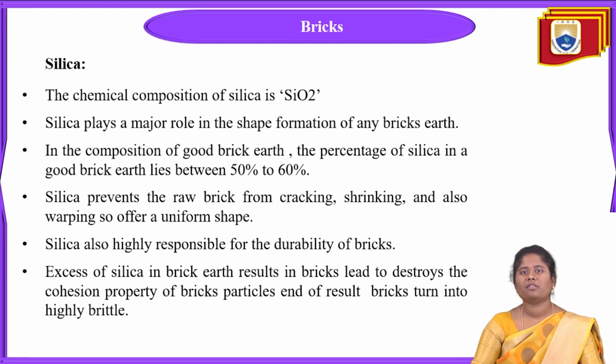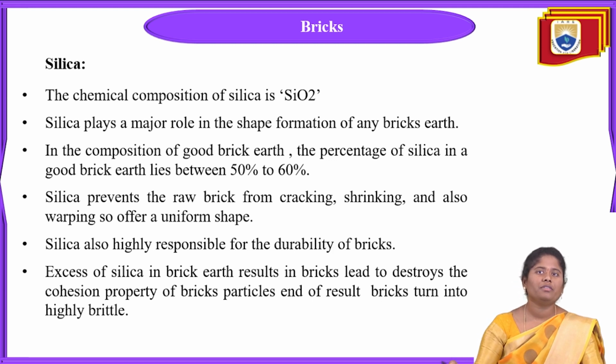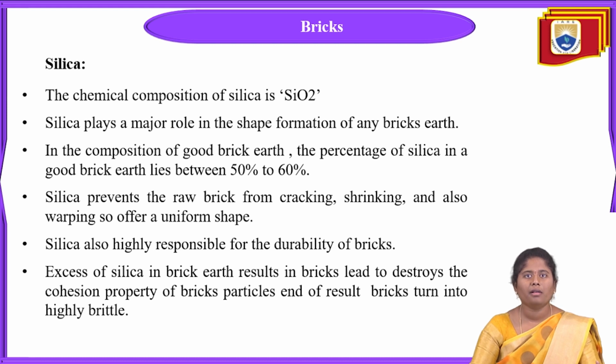Next, we will study these chemical compositions in depth. The first one is silica, with the chemical formula SiO2, and it has a major role because the presence of silica in the brick gives the shape formation of the brick earth.